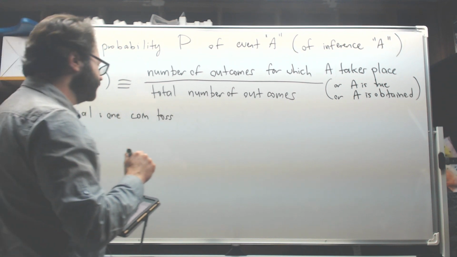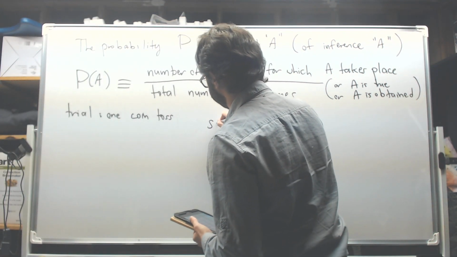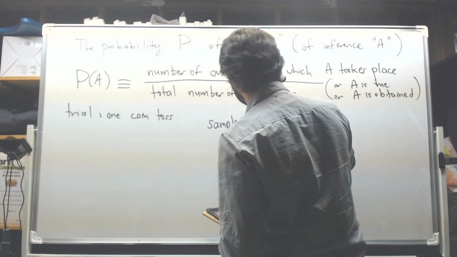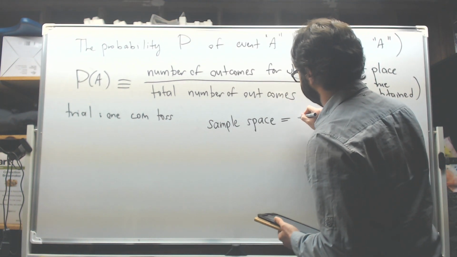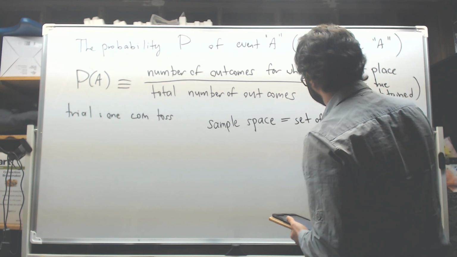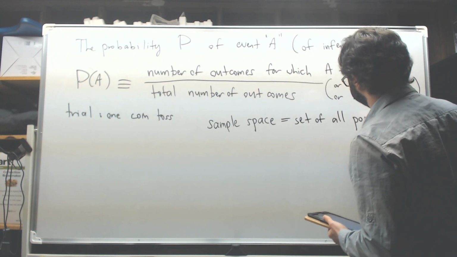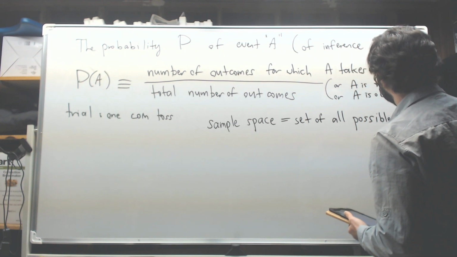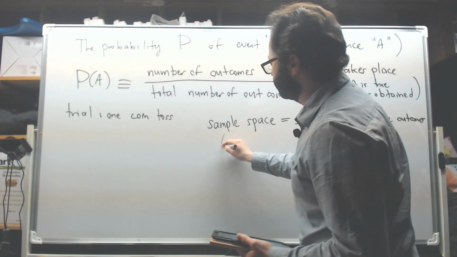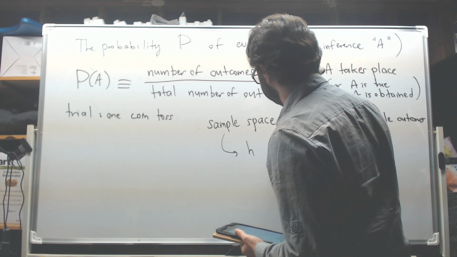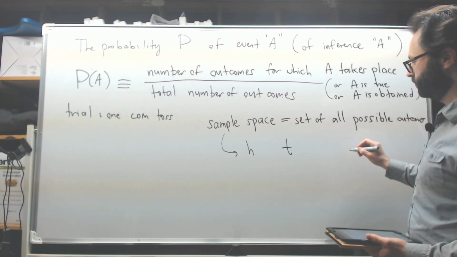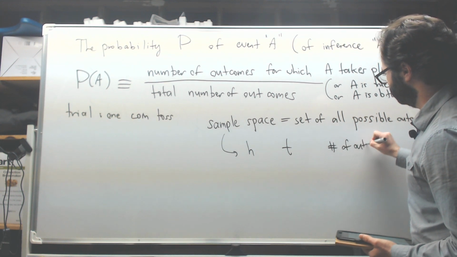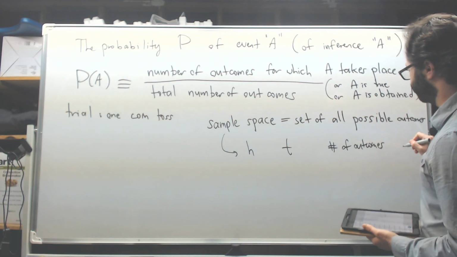So it's a set. Sample space is the set of all possible outcomes. So here the sample set would be a head and a tail. And so the number of outcomes is 2. Or the size of the sample set is 2.